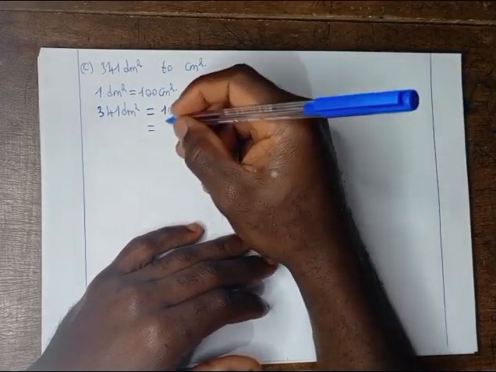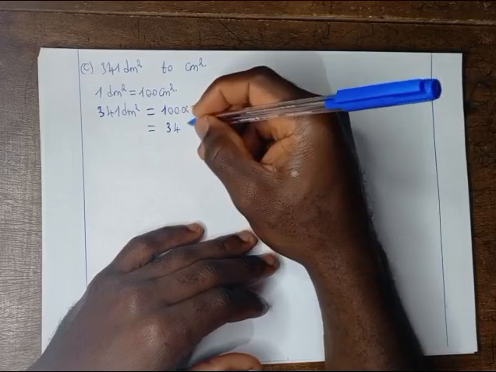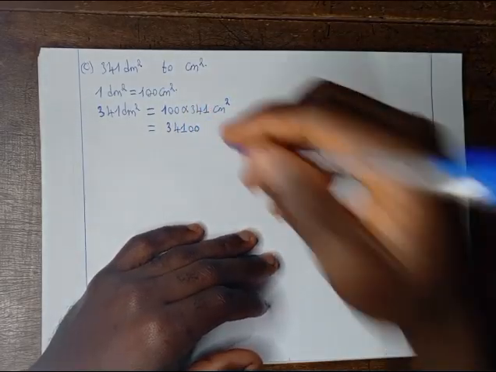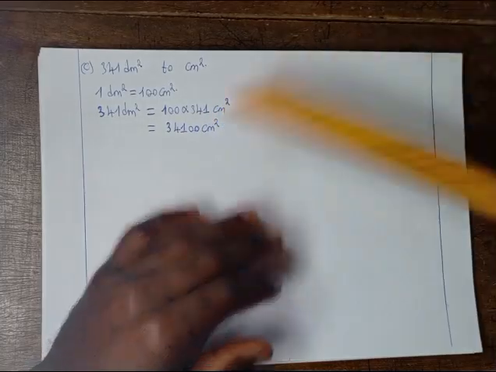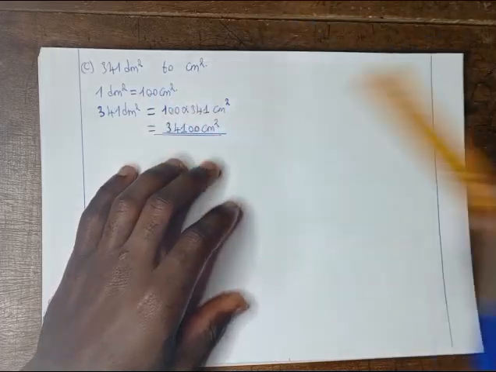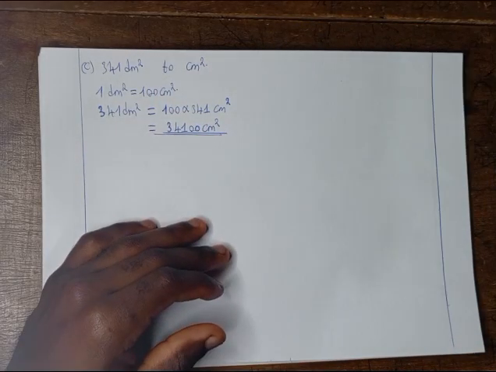So this will give us 34,100 centimeters squared. Next, we go to the next question, D.